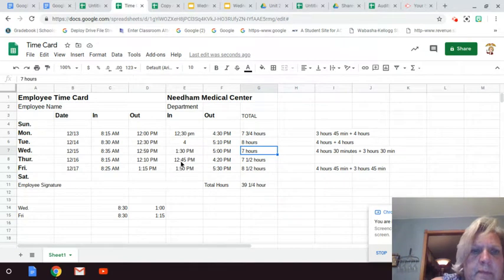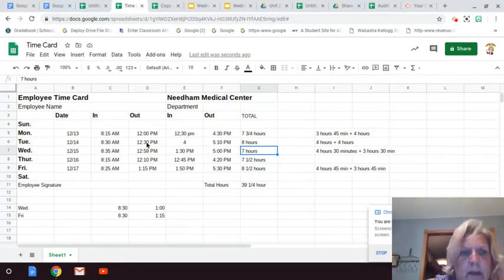Yep, 4 there. And here they're saying 3.5. So 7.5. Got that one right. Somehow I'm off one, and it's this one here. Wednesday. 8:35 we counted 8:30 to 1 o'clock.